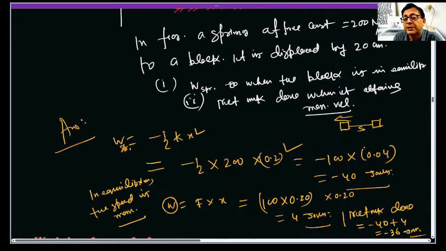Displacement this way, the spring is working leftward. Force applied by the spring leftward. Next time the spring brings it back. So work done is simply force into displacement, that is 4 joules. That's why it is positive work. Clear?